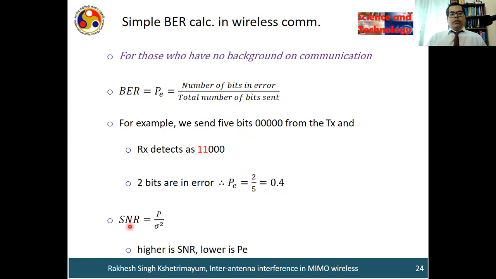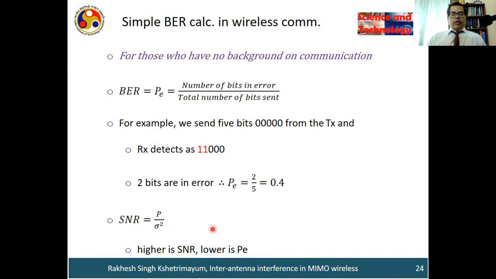SNR, as I've told you, is the ratio of the signal power divided by the noise power. Signal power is the desired signal power, noise power is unwanted. So if you have larger and larger values of noise power, or smaller and smaller values of signal power, then your probability of error is going to increase.